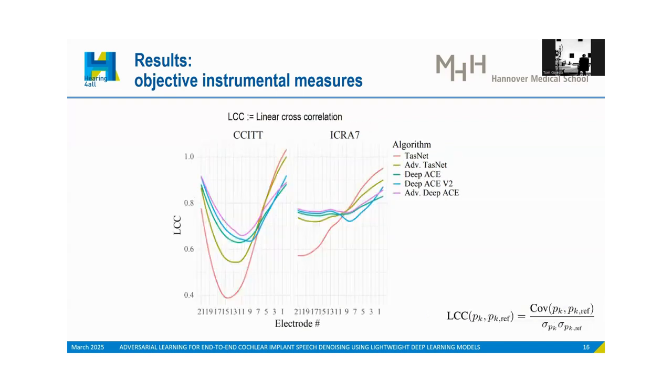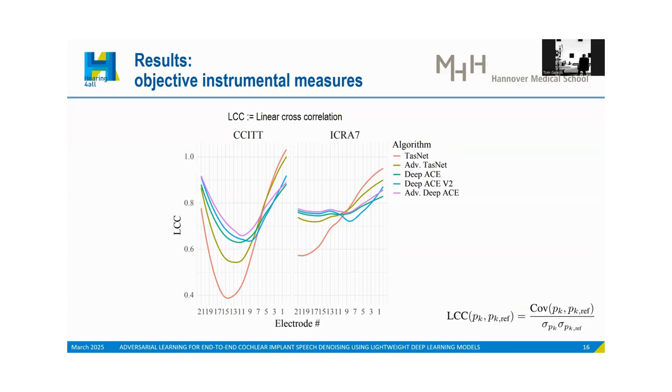Here are the LCCs, the linear cross correlations, which indicate how the estimated electrodograms are correlated to the target ground truth clean speech. This cross correlation is shown as a function of the electrode for the two different noise types.